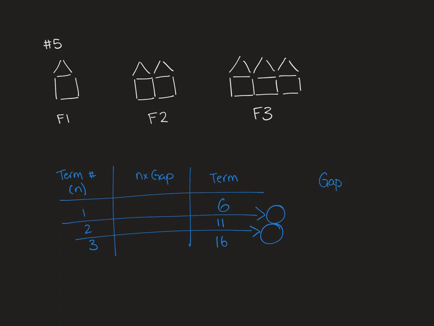I could put times in there so that it makes sense. And then you will need to either add or subtract whatever you need to get from the n gap column to the term column. Okay, so it's basically using the same thing, but you're filling in the numbers for your chart a little bit differently.